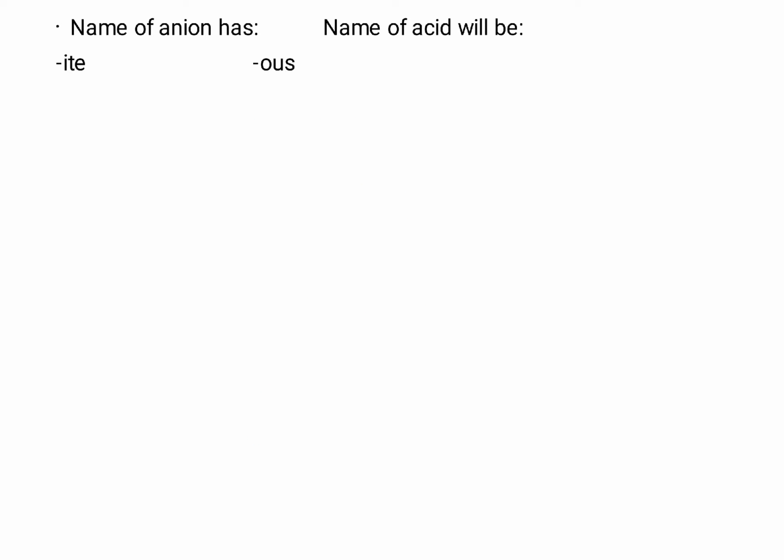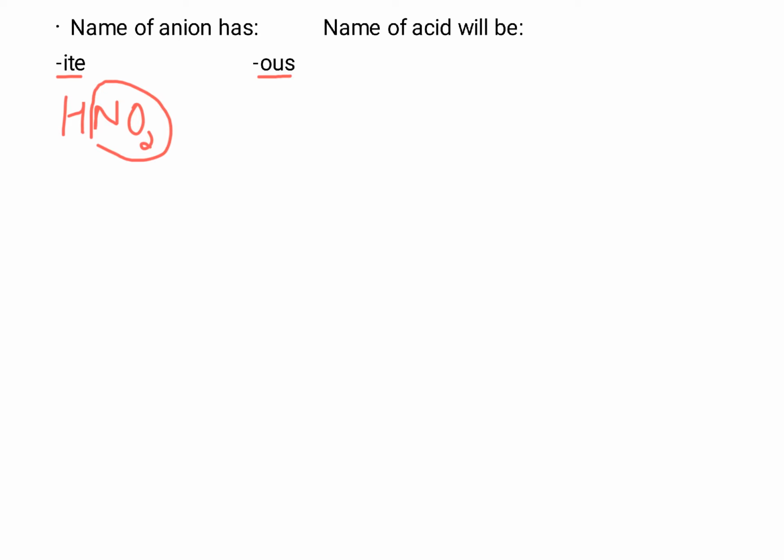Next example is that of an anion that ends with "ite", and the name of the acid will end with "ous". So for example, if I give you the formula HNO2, the process stays the same. You identify the anion first, which is the NO2 part.